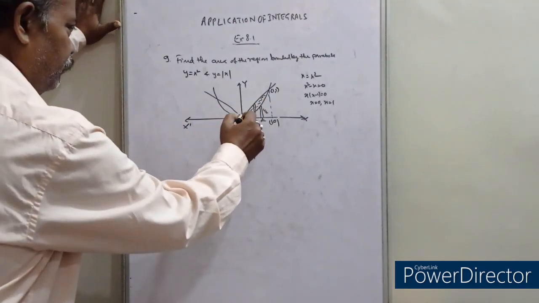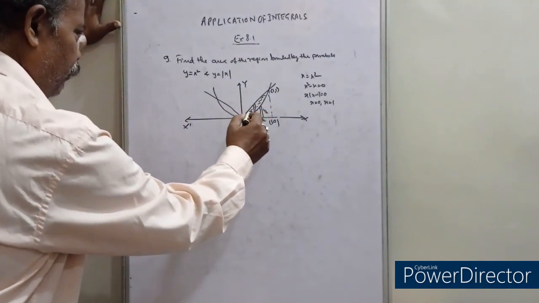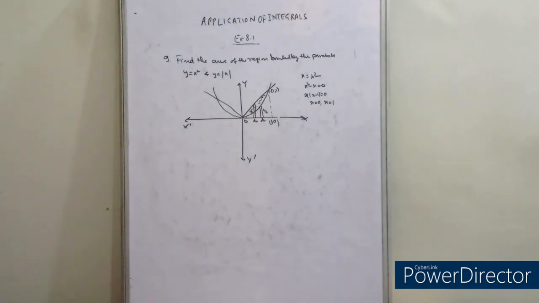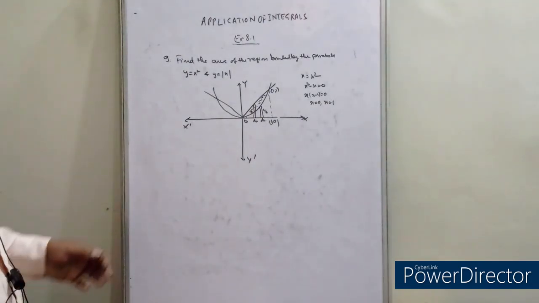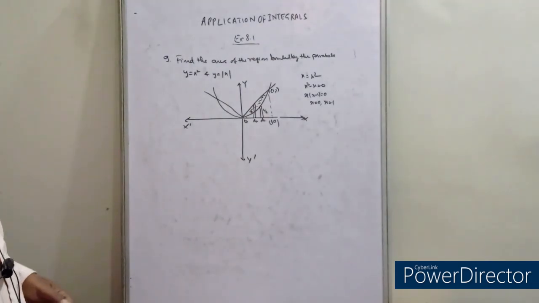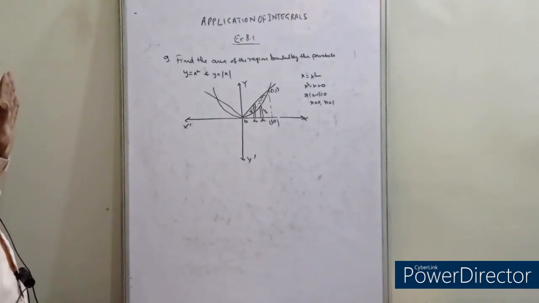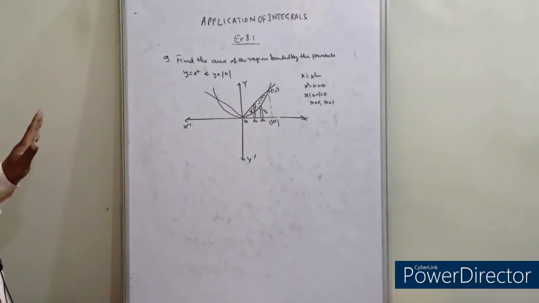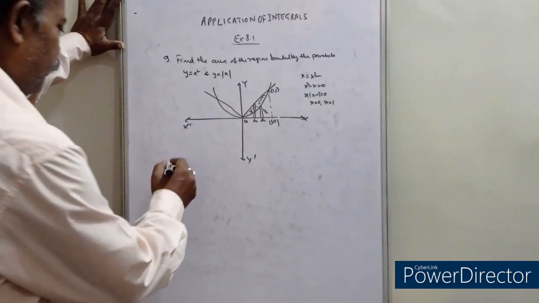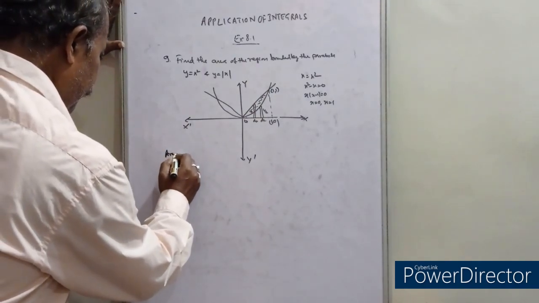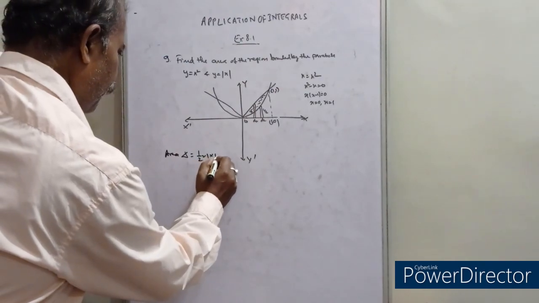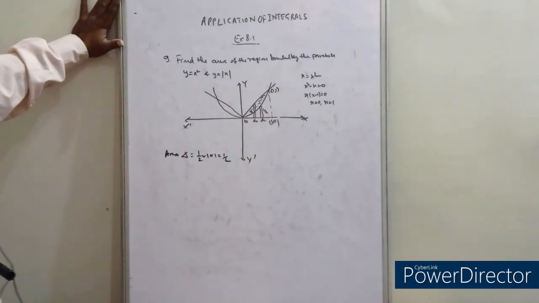Because it is a right angle triangle, I am not going to use the integration method. I will simply apply the basic formula for the area of the triangle. The area of this triangle will be half times base 1 times height 1. This will be 1 by 2.